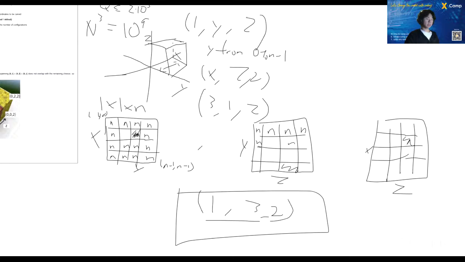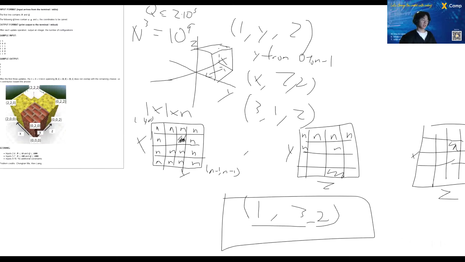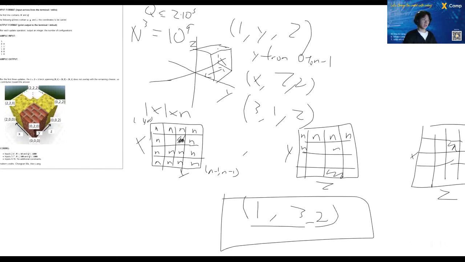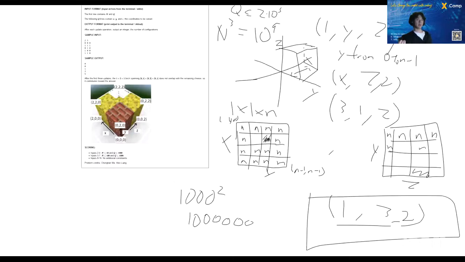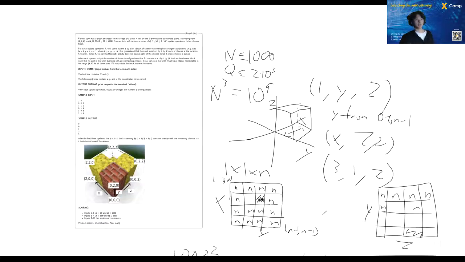What's the time complexity? Every grid is n by n, so it's 3 grids of size n by n. With n being 1000, n squared is 1 million. And each time we only have to query 1 single point on these 3 grids. So the time complexity for each query is O of 1, because it's constant time, only 3 operations.